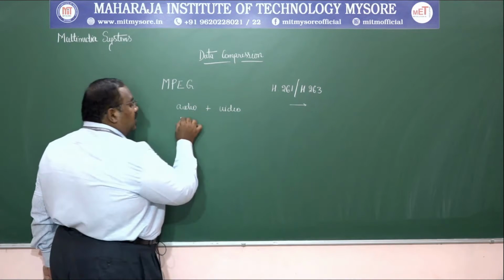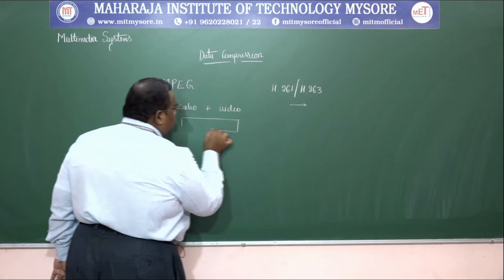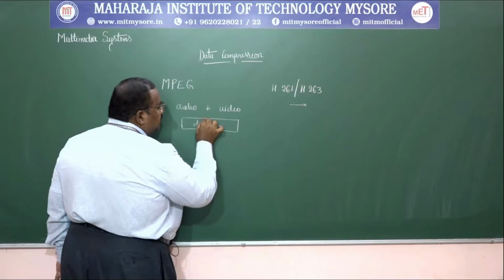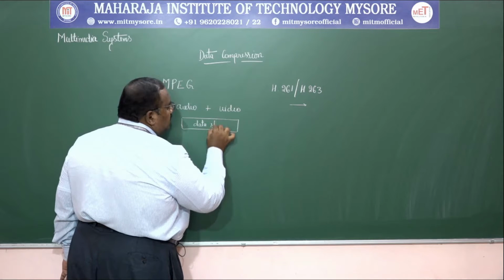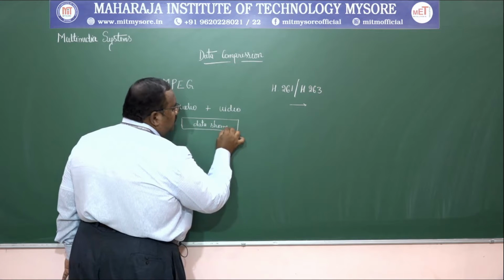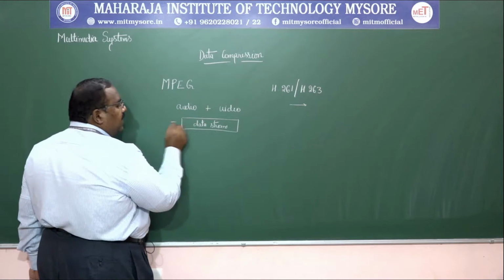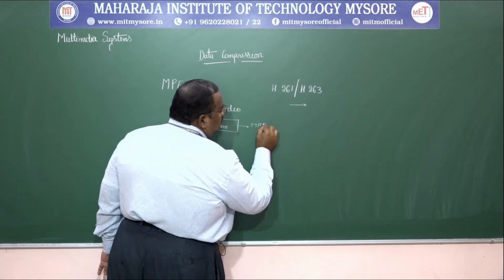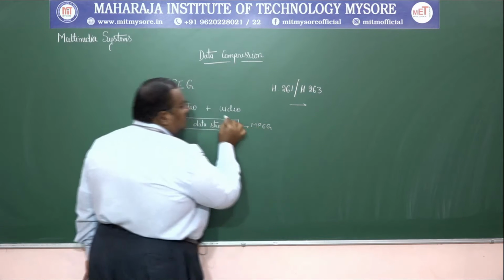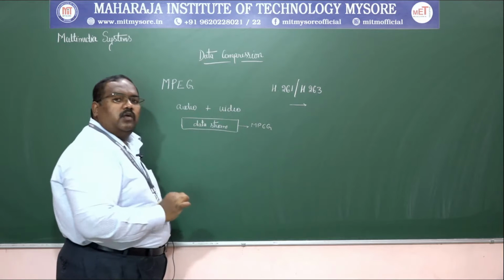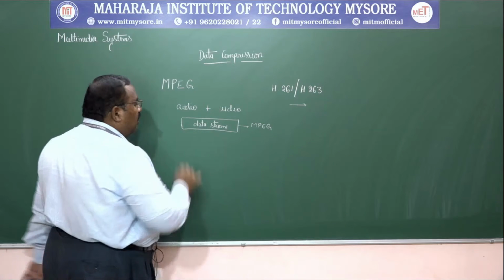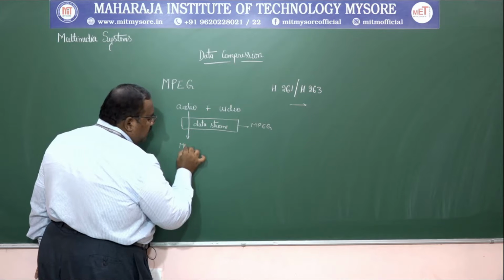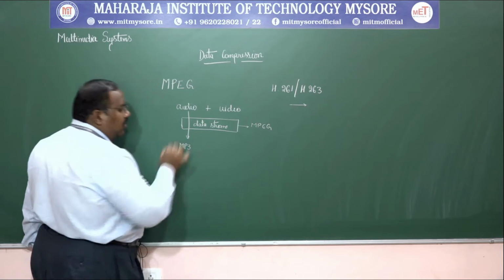So, when we talk about the compression, if this is the data stream, an MPEG consists of two, that is the audio plus video. When we want to compress, the audio will be compressed into MP3 format.